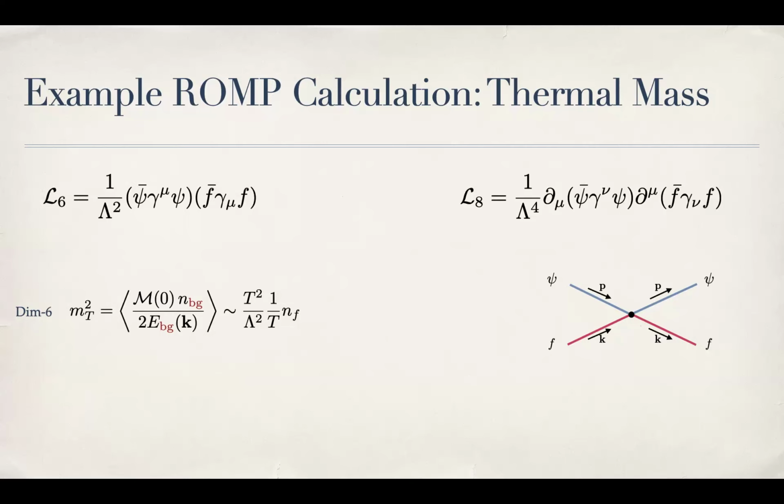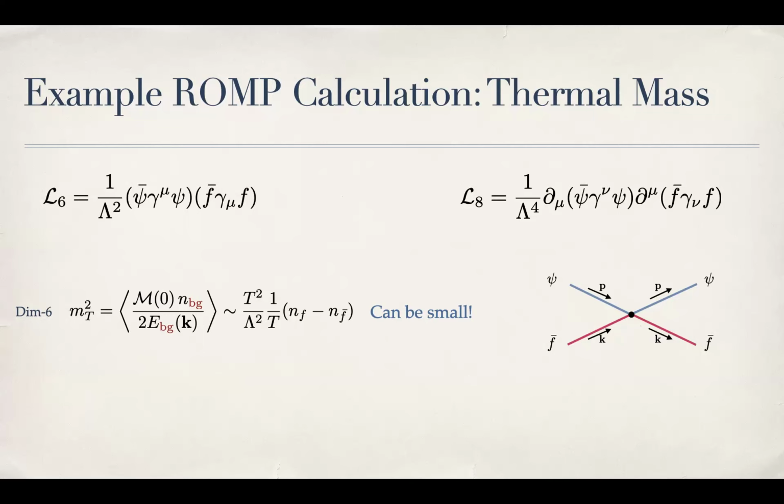Now, if that was it, then that would be my thermal mass for psi in the early universe, but that's not it. The reason is psi can also scatter with antifermions in the background plasma. And here's a beautiful thing: this matrix element actually flips sign when you scatter between fermions and antifermions. What that means is that the total thermal mass goes as N_F minus N_F-bar. And this can actually be very small in the early universe.